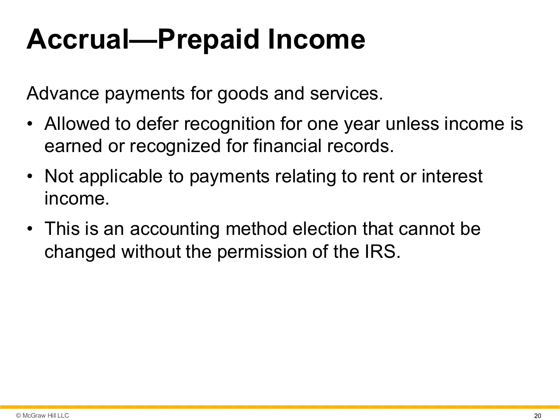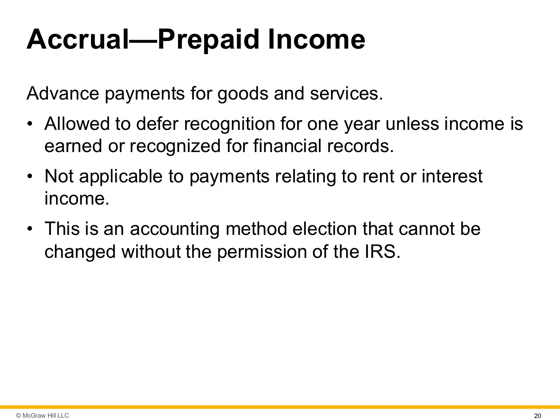Typically, accrual method businesses are allowed to defer the recognition of that unearned or prepaid income for 1 year unless that income is earned or recognized in the financial accounting records. This rule is not applicable to payments for rent or interest income.